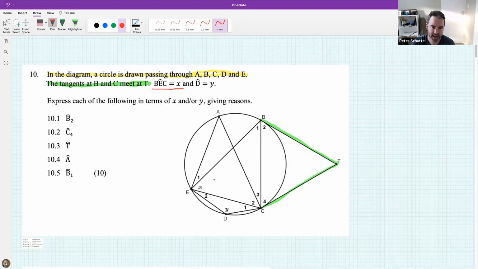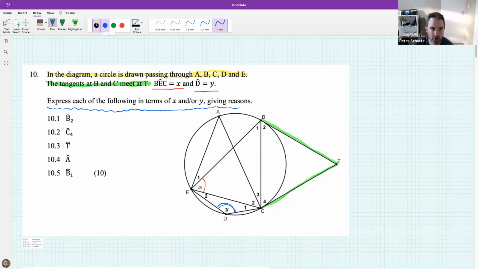BEC is equal to X, so they tell me that BEC is X, and they tell me that angle D is Y. Then it says, express each of the following in terms of X and Y, giving reasons.